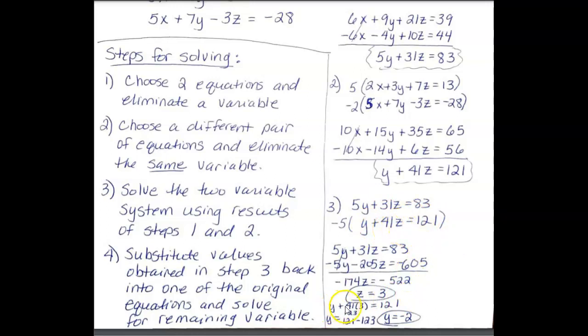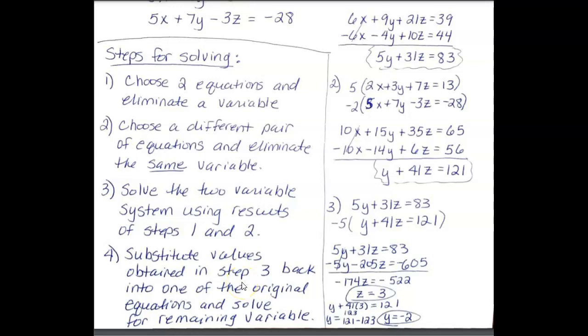So y plus 41 times 3 equals 121. 41 times 3 is 123. So if I subtract the 123, y would equal 121 minus 123, or y would equal -2. So that is the result of solving this 2-variable system for both variables.